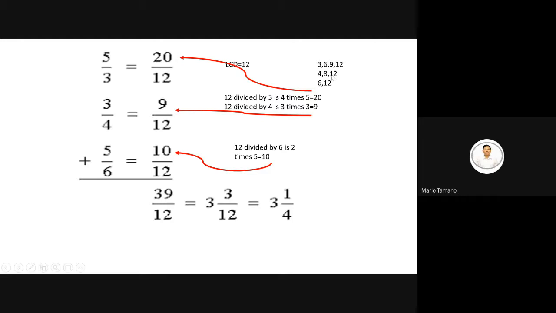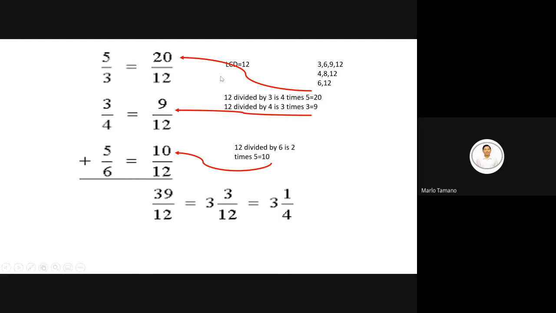Multiples of 4: 4, 8, 12, 16, 20, 24, and so on. Next, yung 6 naman po: 6, 12, 18, 24. Ano ang unang lumabas na mayroon sila pare-pareho? 12. Yun po yung tinawag natin least common denominator.